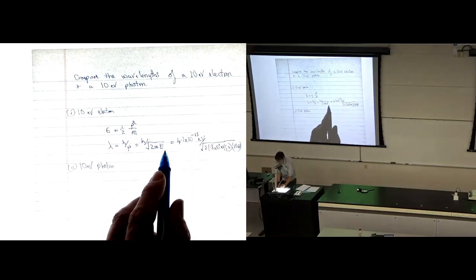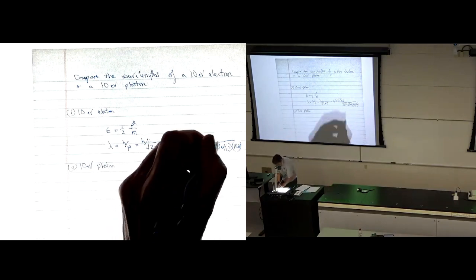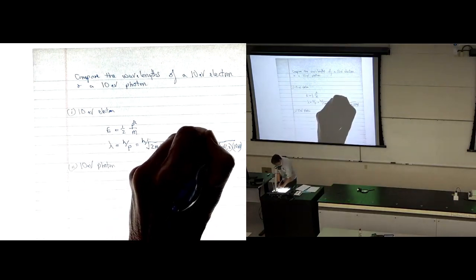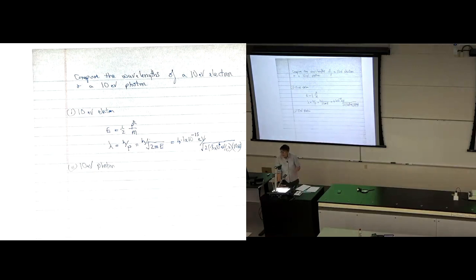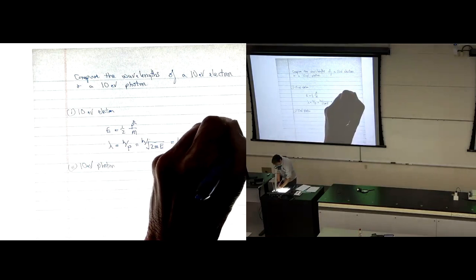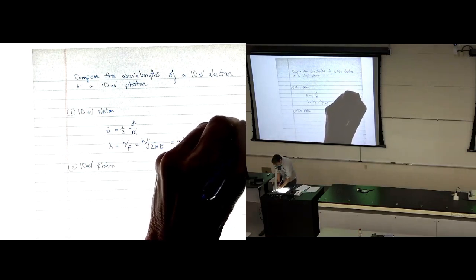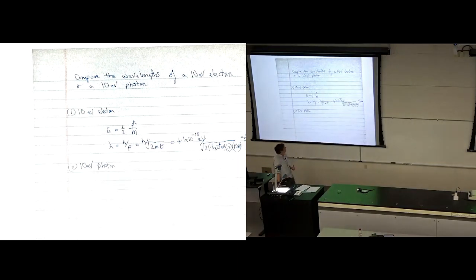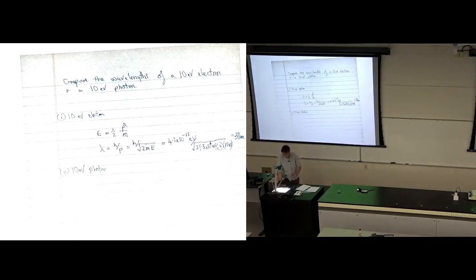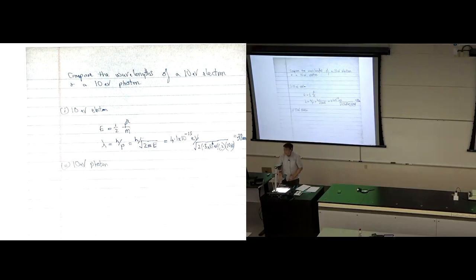That's the kinetic energy of the electron. Sorry, this 6 is completely unreadable, but let's plug in all the numbers. As I say, I'm using eV, not joules, because that's more convenient here. If you calculate this number, I got 0.38 nanometers. And so that's the de Broglie wavelength of that electron.